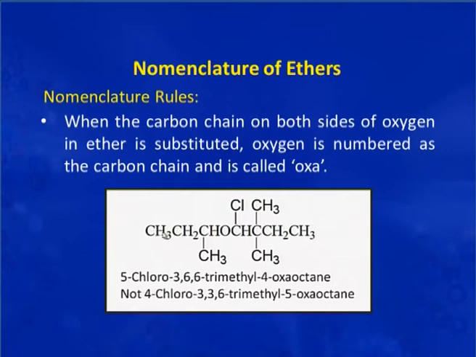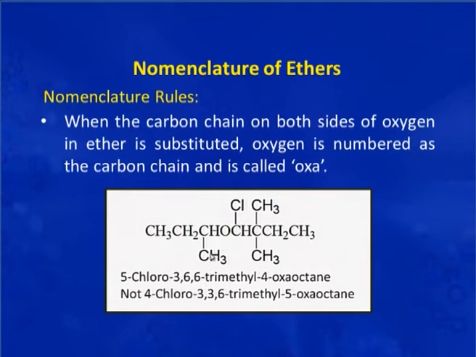That is, in this particular case you can see that a total of 8 carbon atoms, or an octane chain, is formed in this molecule, with position 4 having the oxygen atom. So, we will simply name the molecule as 4-oxa-octane, showing that in the octane molecule at position 4 we have oxygen.